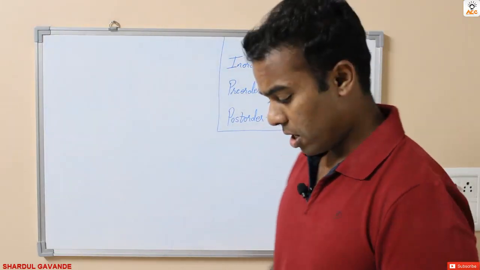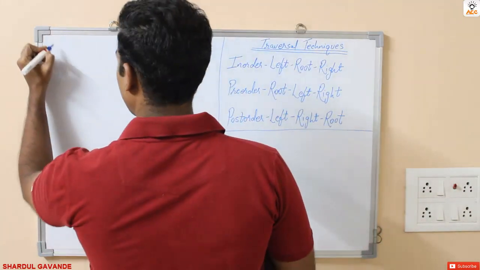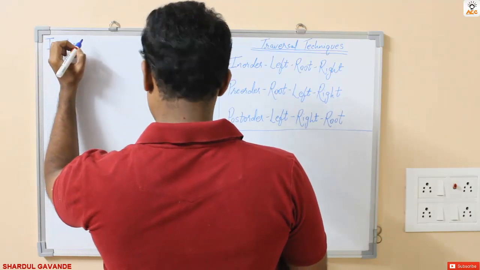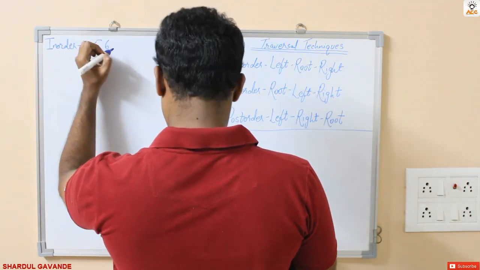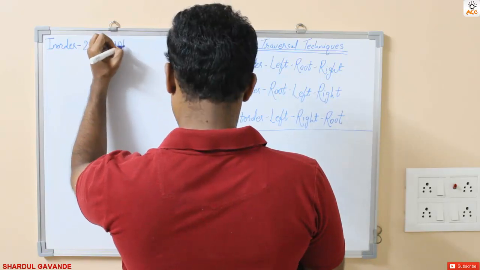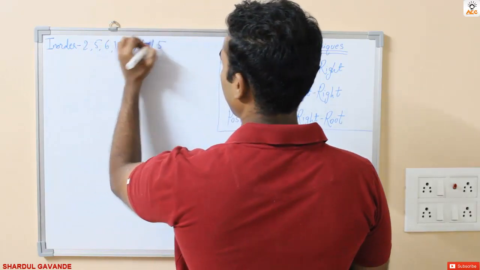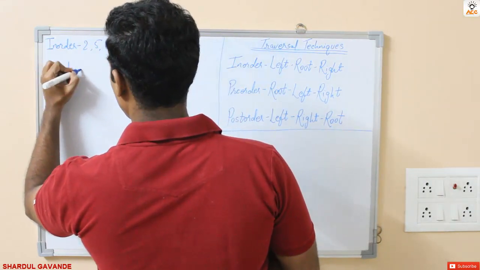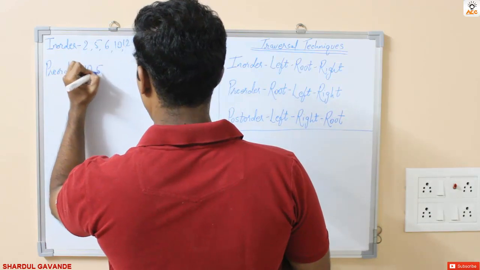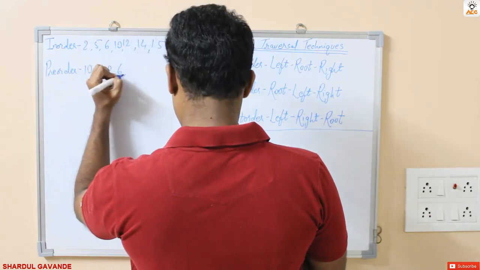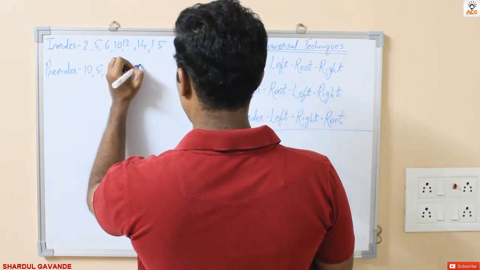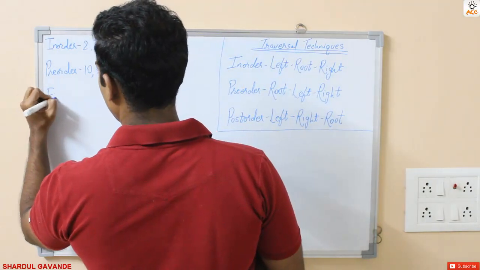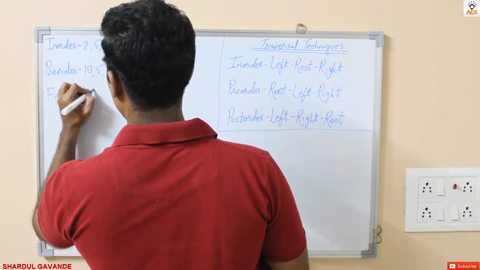So now we are going to see a question where a sequence of numbers is given and we don't have a binary tree. So the given data is, we have the in-order values, which are 2, 5, 6, 10, 12, 14 and 15, and the pre-order values are 10, 5, 2, 6, 14, 12 and 15, and we have to find the post-order.